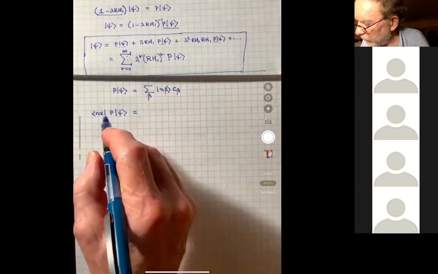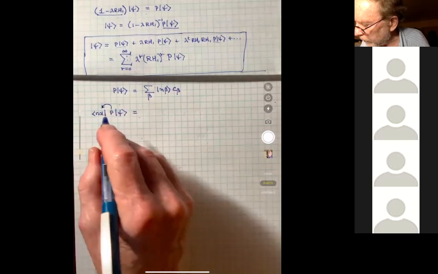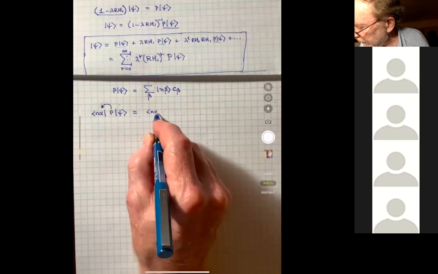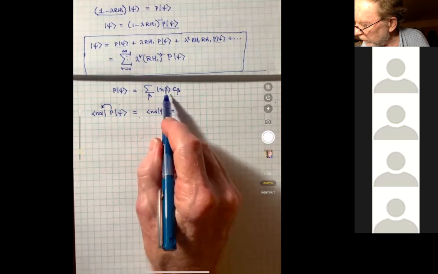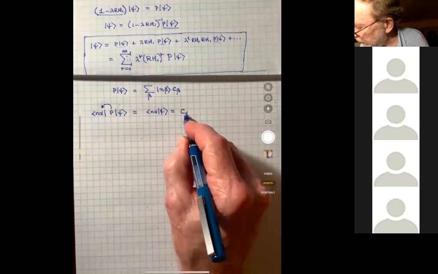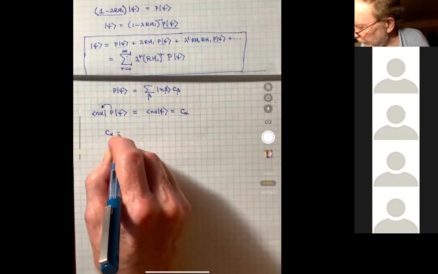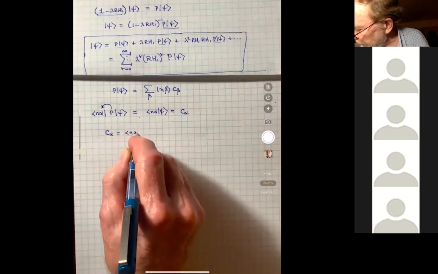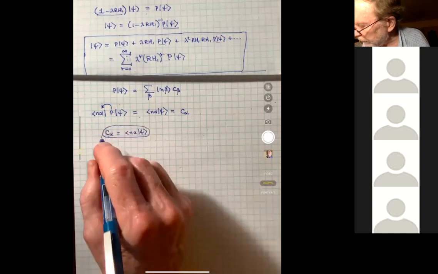I evaluate this in two ways. First of all, the P acting to the left on this doesn't do anything to it because that's an unperturbed state. So that's just n alpha times psi. Whereas on the right-hand side, it picks out the term alpha equals beta. So that's equal to C alpha. So that gives us a useful result, which is that C alpha is equal to the scalar product n alpha with psi. Let me circle that because we'll need it later.